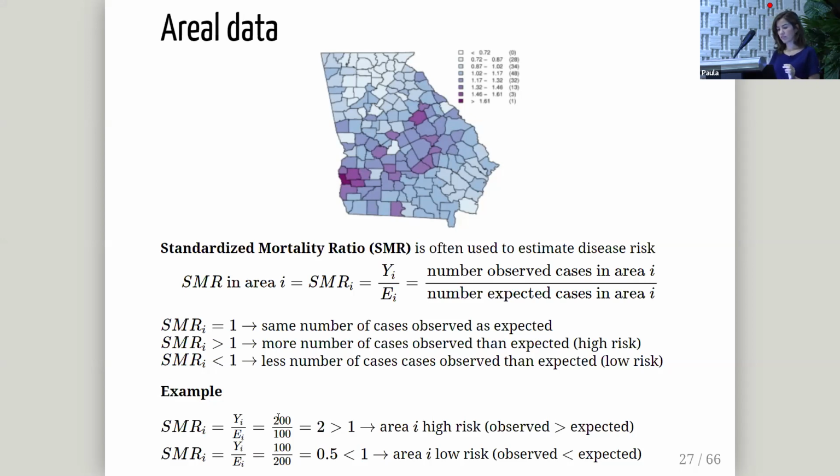For example, if in one area we observed 200 cases and we expected 100, the risk is greater than 1. This is a high risk area. If in another area we observe 100 cases and we expected 200, the risk is less than 1. So this is a low risk area.